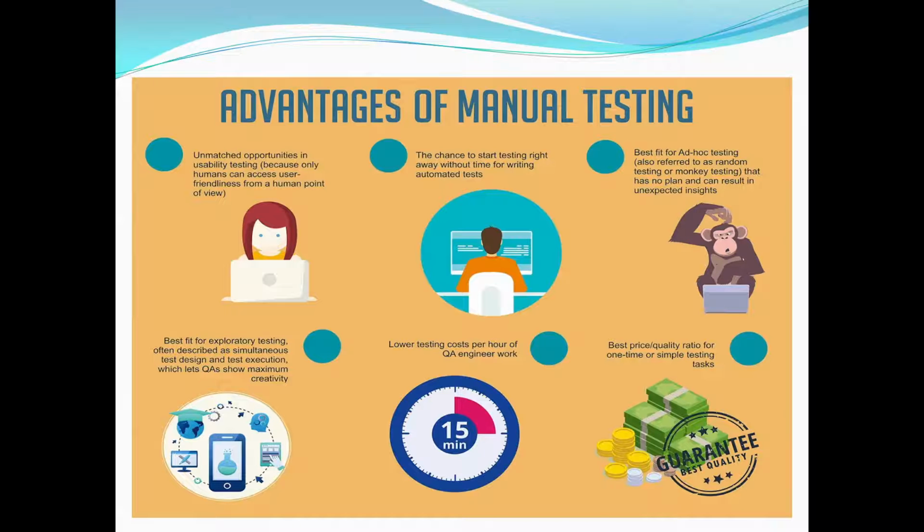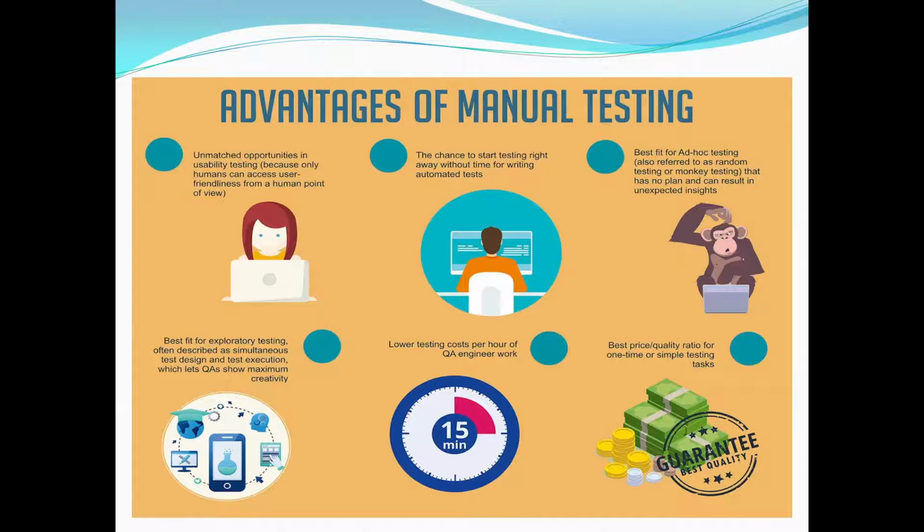But in manual testing, once you have read all the requirements, you can start preparing your test cases and start your testing right away. So these are the different advantages of manual testing.